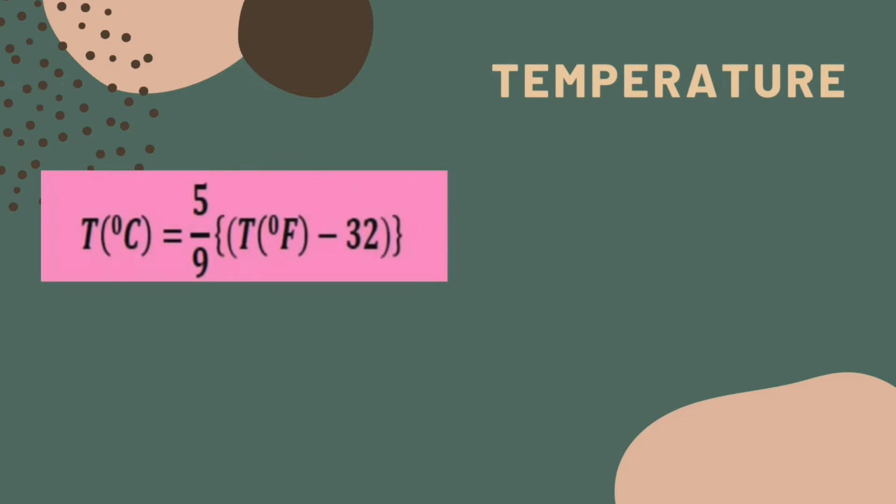So, these are the formulas used to calculate the temperature for all three units: Fahrenheit, Celsius, and Kelvin. If you want to find the temperature in degrees Celsius, you use the formula 5/9 multiplied by the temperature in Fahrenheit minus 32.